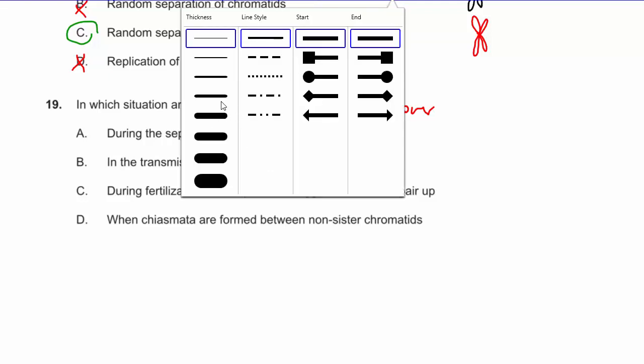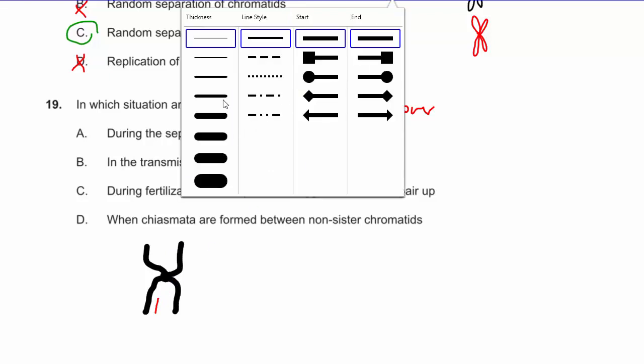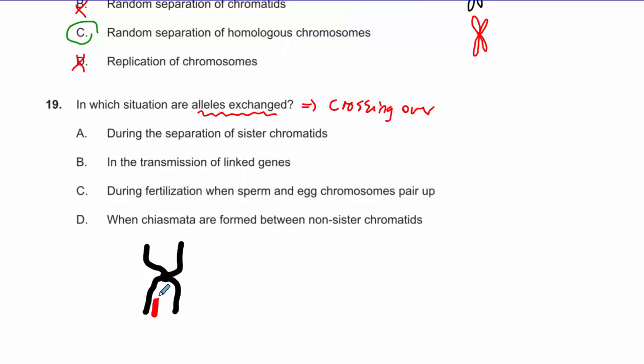So let's make a thicker line here. Let's say we have one chromosome here. And then we can take a red one. So here I managed to make two chiasmata.